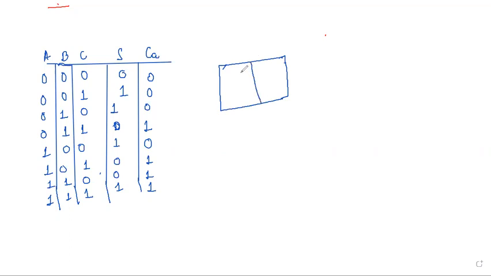So I will find the expression of the sum corresponding to when C is 0 and when C is 1. Corresponding to when C is 0, we see when the outputs are high. So I'm just trying to mark those combinations in my truth table. So when C is 0 and the output is high, this is the first case.